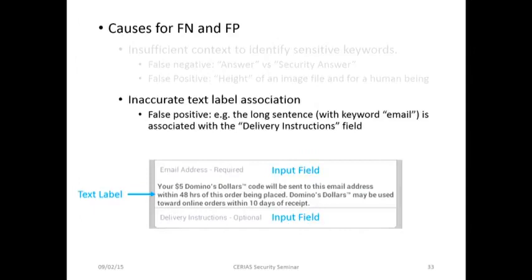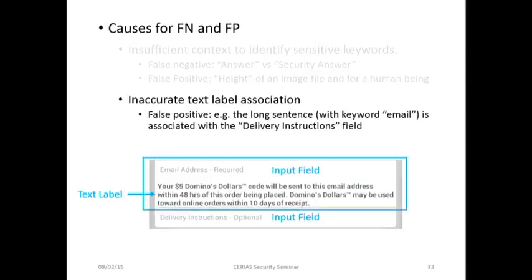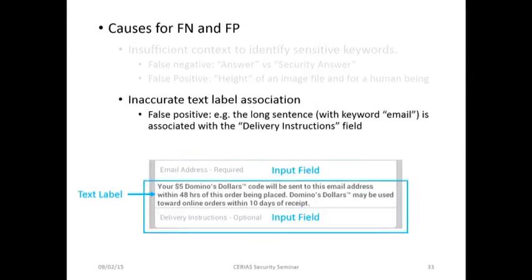Then it will try to find a label of this field, and unfortunately, it associated this long sentence to the delivery instruction. And this long sentence happens to have the sensitive keyword email. Then SUPOR marks this delivery instruction as a sensitive user input. This is a true positive. This is a false positive.